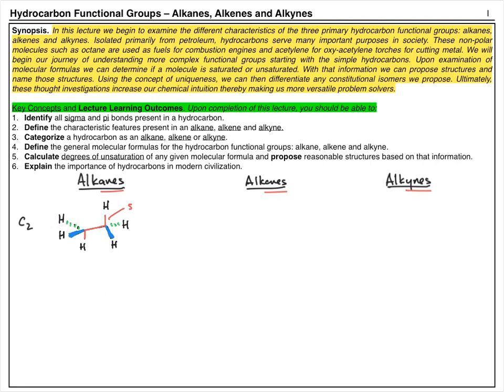Each carbon is sp3 hybridized, and that means the carbon has tetrahedral geometry. The typical bond angle is usually 109.5 or thereabouts. So if we have the H-C-C bond angle, we can say it is 109.5.